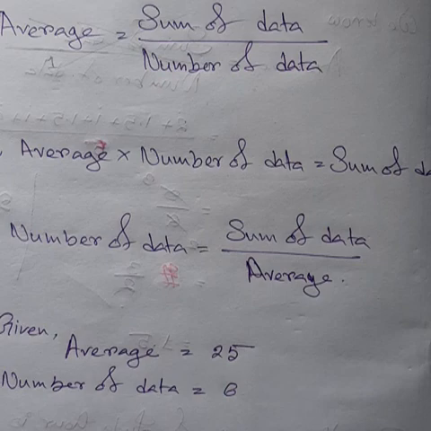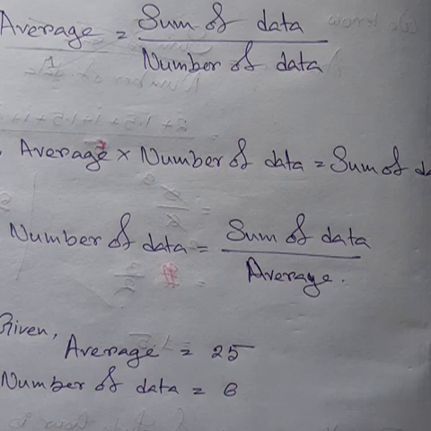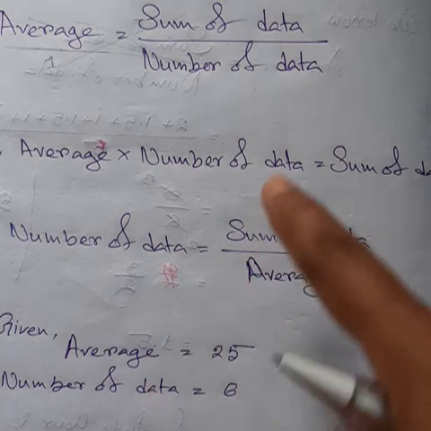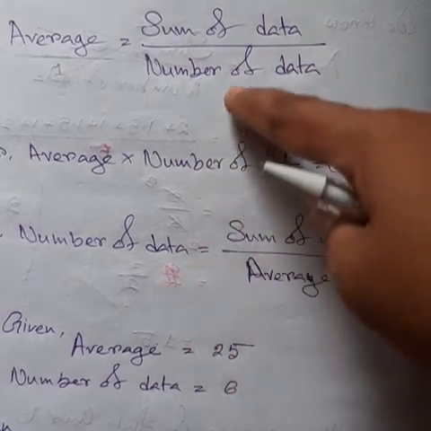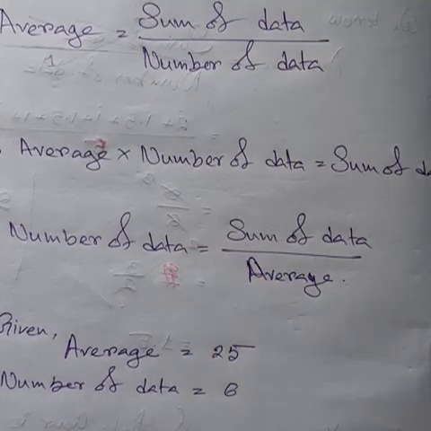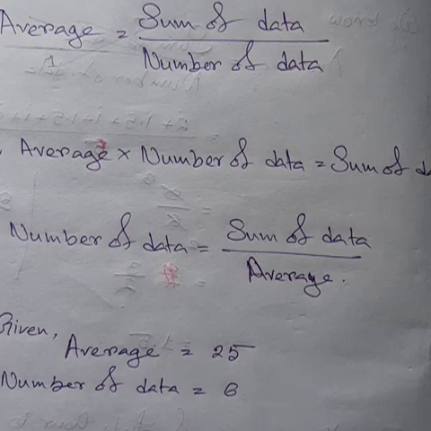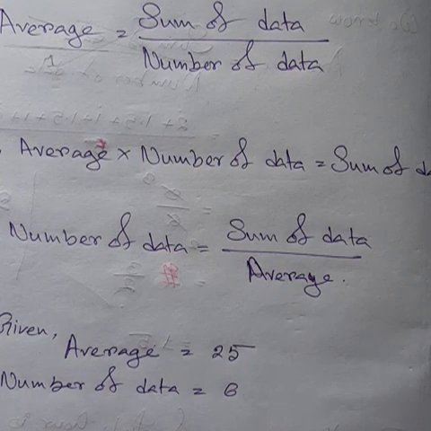Can you find out the number of data by yourself? Pause your video right now and do the math. Decide which formula you are going to use, then find out the answer. I'm going to give you the answer in a few seconds, but hold it right now.